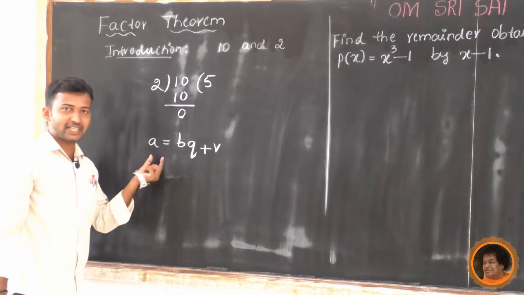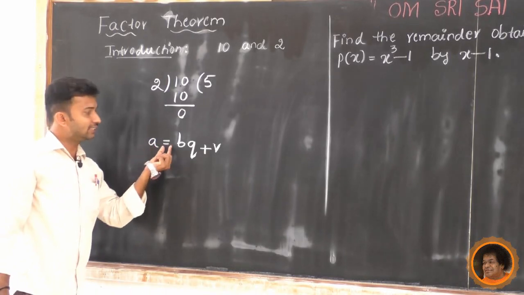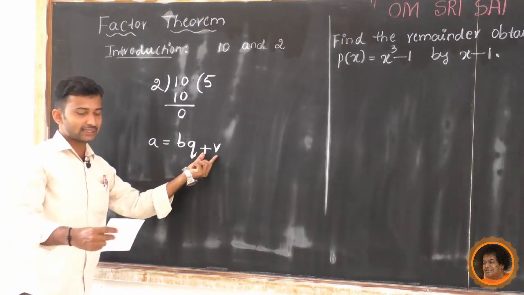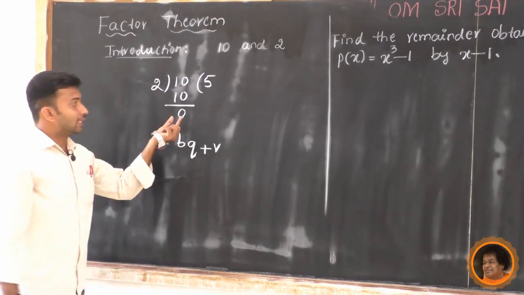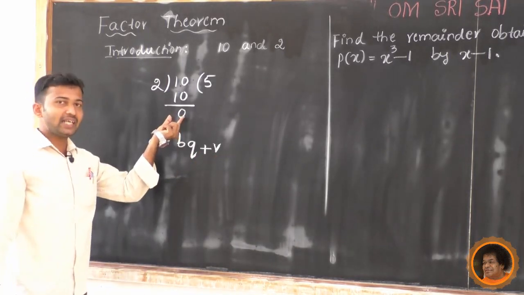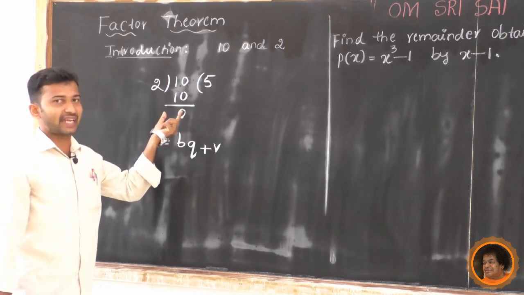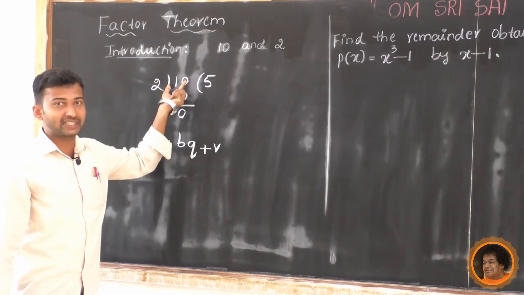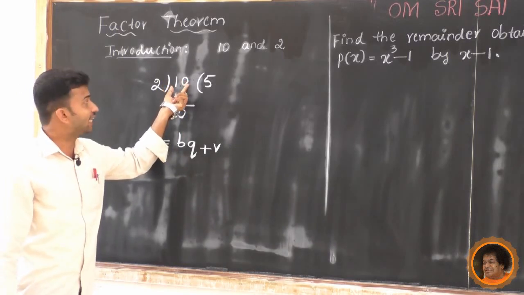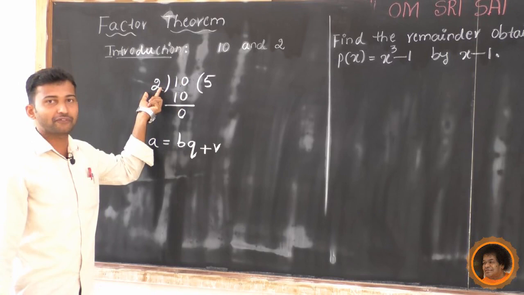We can write generally A is equal to BQ plus R. If the remainder is 0, it means that 2 is a factor of 10 or 10 is a multiple of 2.